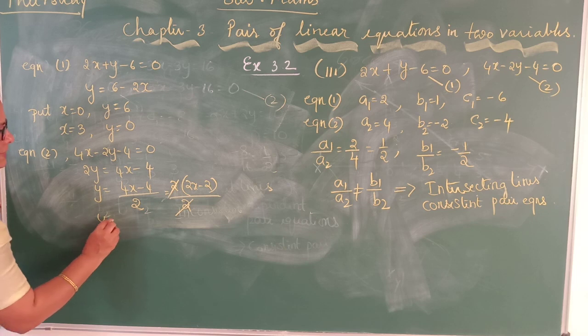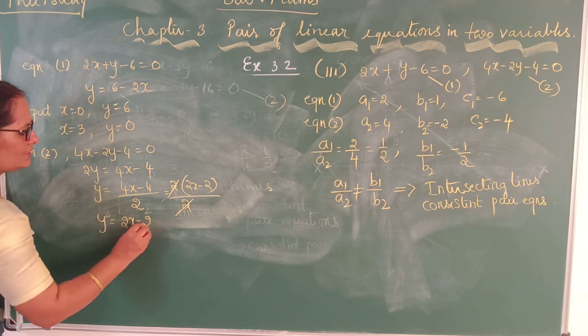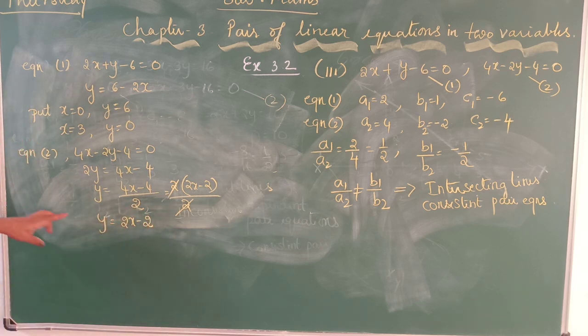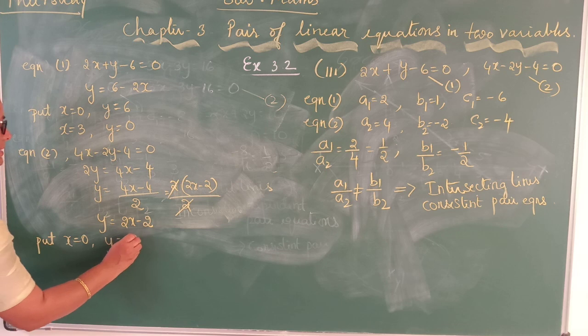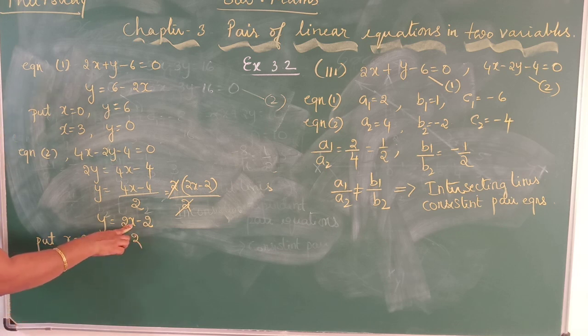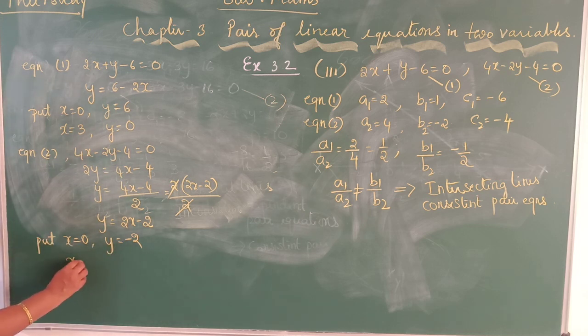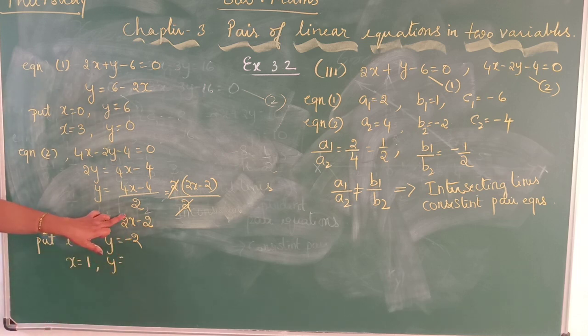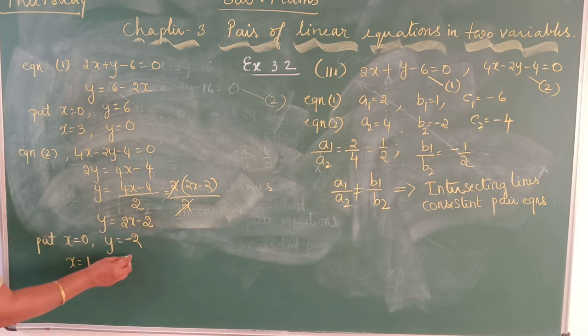So y equals 2x minus 2. Now put x as 0. Then y equals 2 into 0, which is 0 minus 2, so minus 2. Then take x as 1. Then y equals 2 into 1, which is 2. 2 minus 2 is 0.